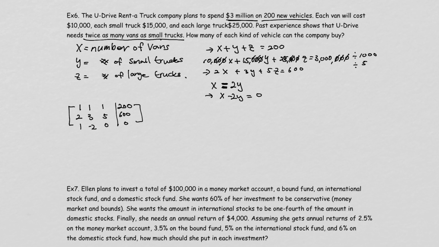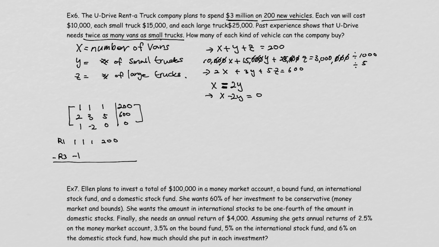Let's see if we are able to solve for one. Let's make the first 2 of the column 0. In order to do that, I will keep the first row as it is, and then I'm going to multiply row 3 by negative.